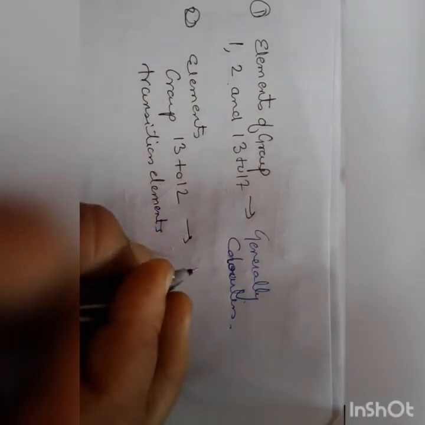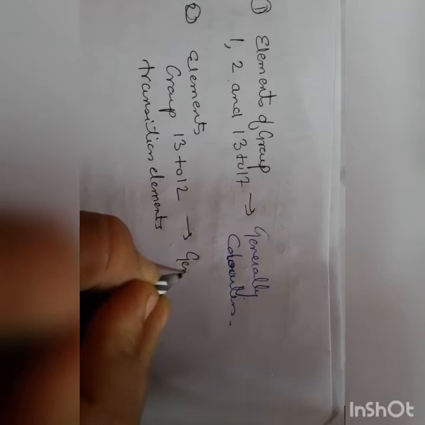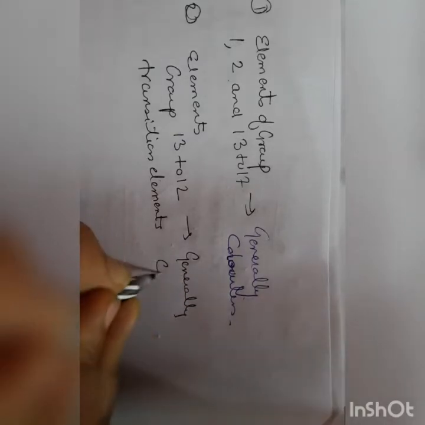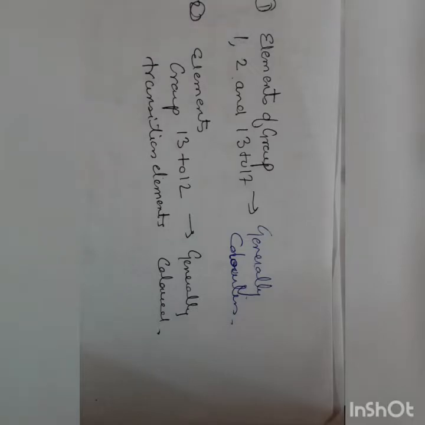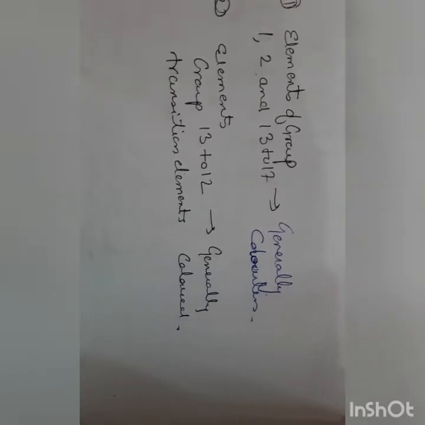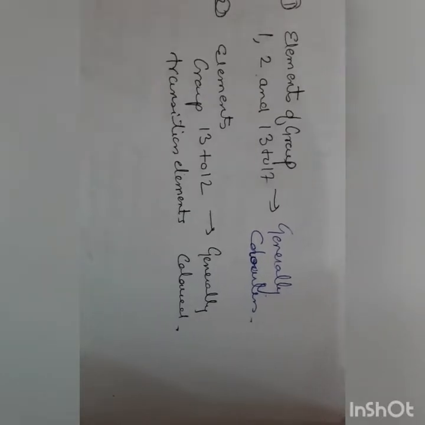So here they are generally colored. ठीक है, तो elements of group 1, 2 and from 13 to 17 they are generally colorless, whereas the transition elements of group 3 to 12 they are generally colored. So here the different colors of a colored salt help in their identification during qualitative analysis.